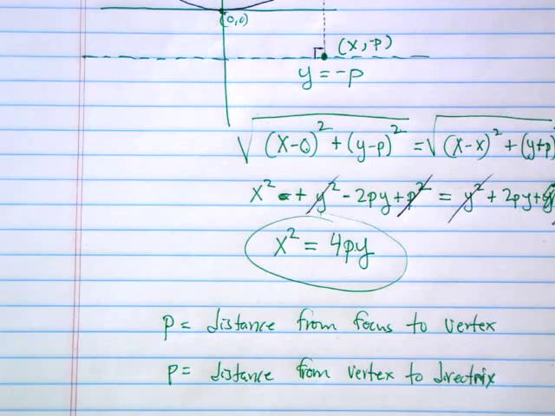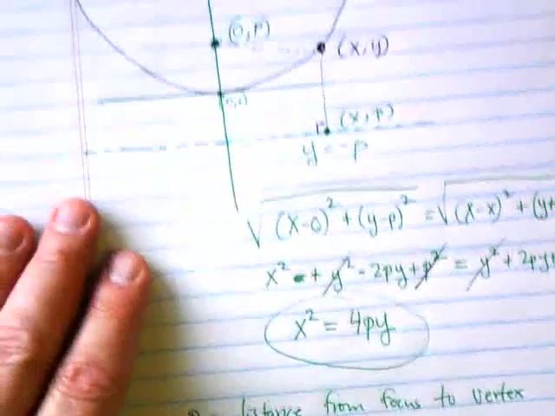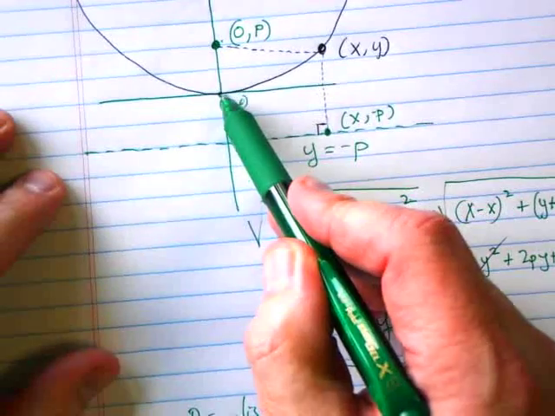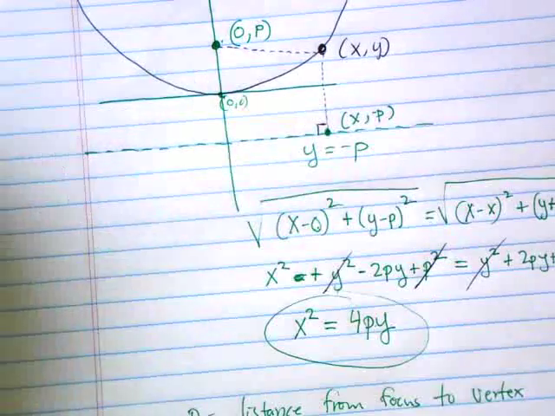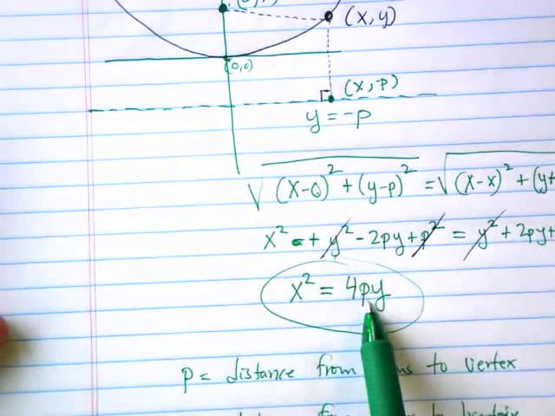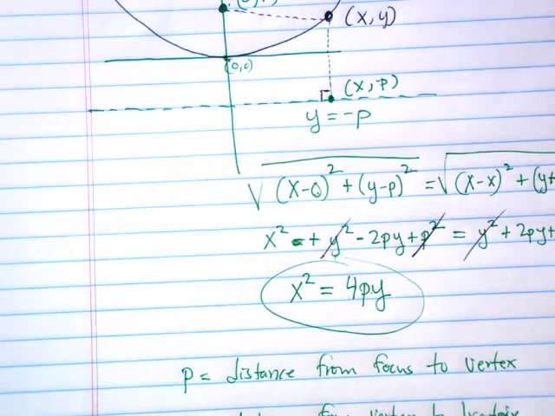Now, what if I don't want my vertex right at the origin? What if I want to shift my vertex left and up somewhere? How's that going to change my equation? x squared equals 4py if I want to shift my vertex. Translations, back in Math 1412. How do those translations work?